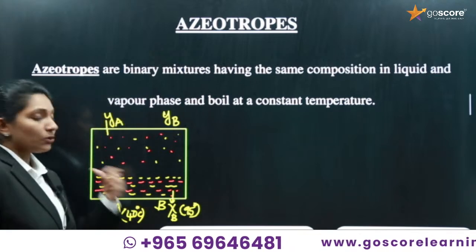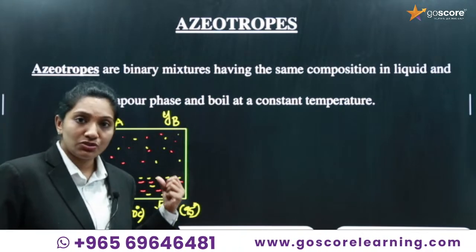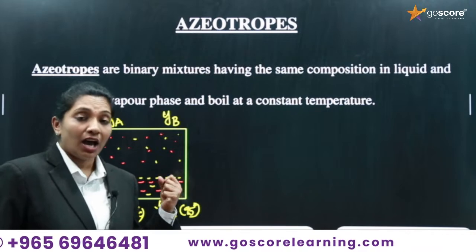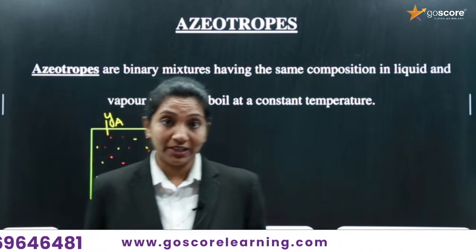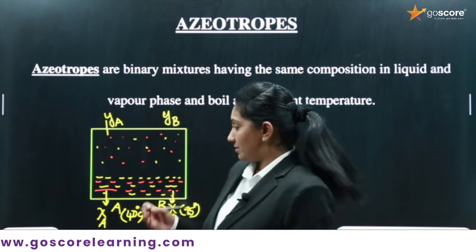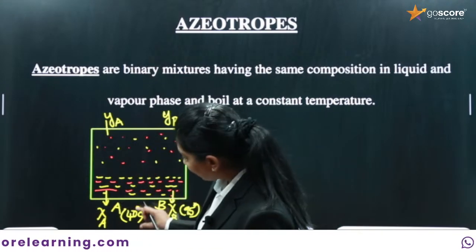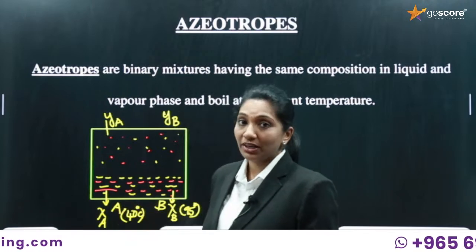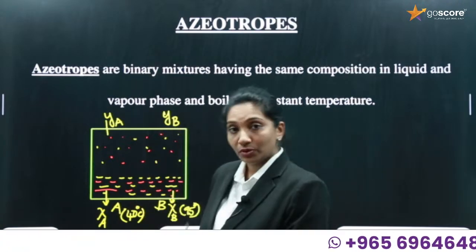If I have a mixture of these two components A and B, how can I separate the two components from this solution? When you start heating, component A, which has a boiling point of 40, will start to form vapors.